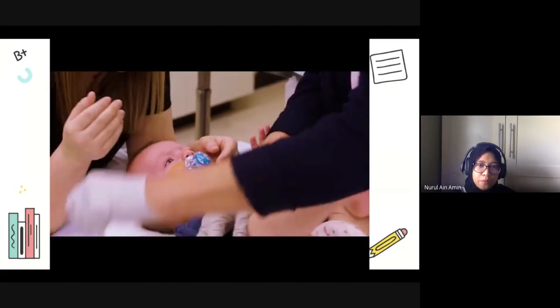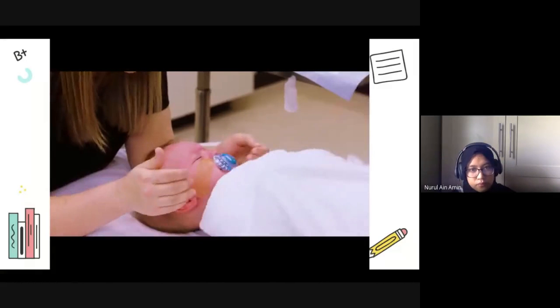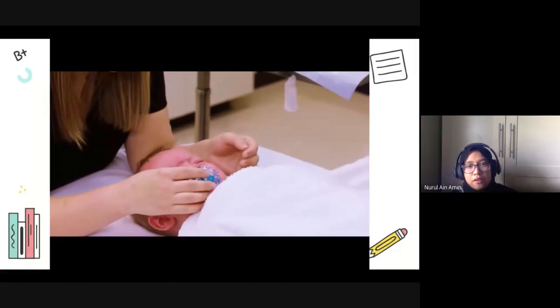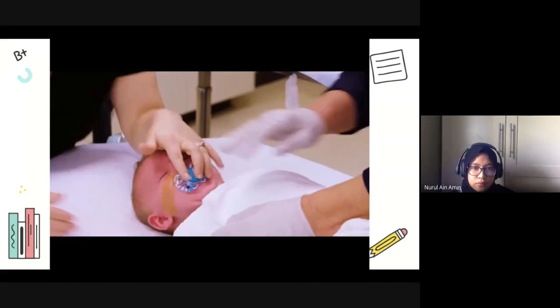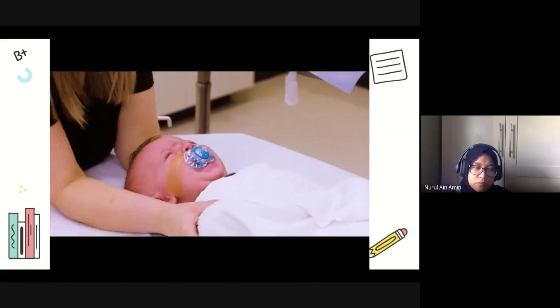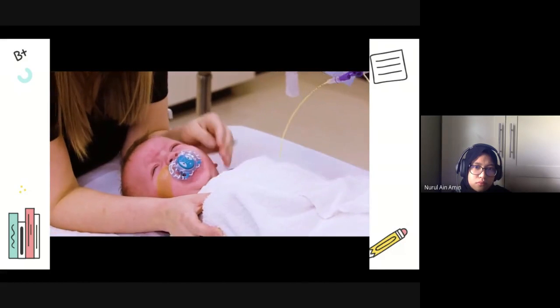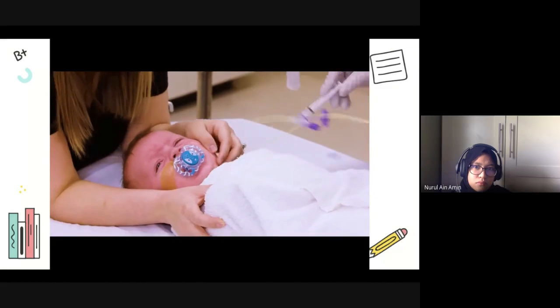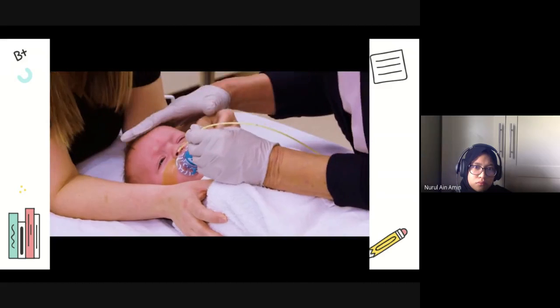And they've already put the skin tape there. And now they're wrapping it in the blanket so the child can stop moving a bit. Mama, can you hold his hands? Stay right there. Just like that. That's perfect. Here we go.